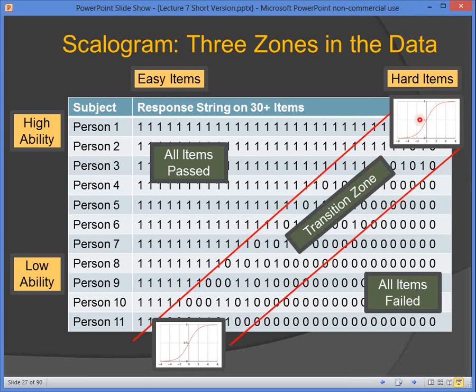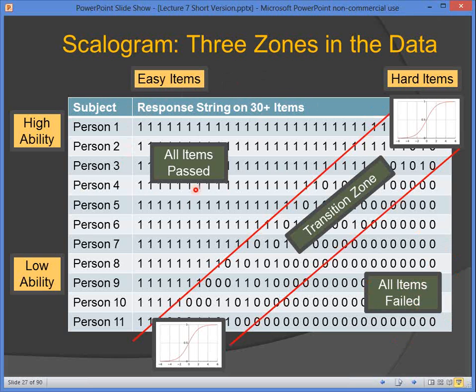Remember, the logistic curve traces the relationship of person ability and item difficulty, so that in the middle of the scalegram here we've got this transition zone, and then on either side of the transition zone we have a situation in which all items should be passed. These are, for example, right up here, high ability persons taking easy items, so we expect to see all items are passed here. This is a situation in which we have low ability persons who are taking hard items, so we expect the low ability persons to fail the hard items.